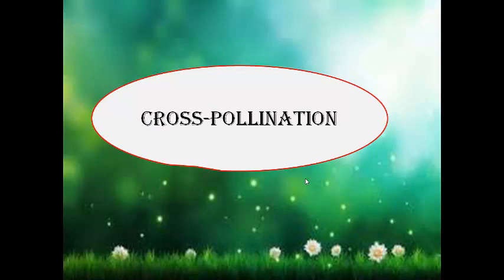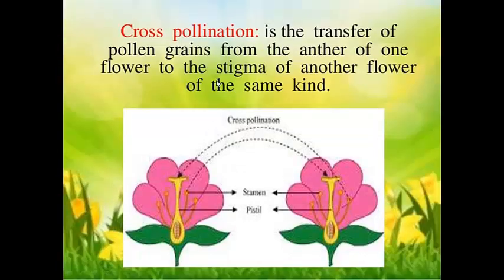Next is cross-pollination. Now let us study what is meant by cross-pollination. Cross-pollination is the transfer of pollen grains from the anther of one flower to the stigma of another flower of the same kind. This is stigma, this is an anther.